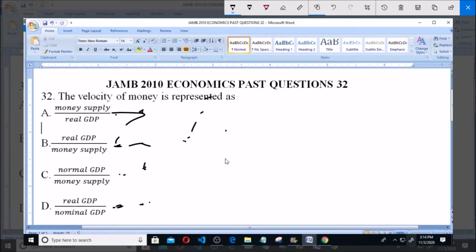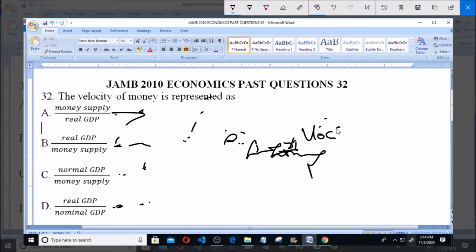Now, Professor Irving Fisher modified the quality and quantity of money into what is known as velocity of money circulation. Velocity of money circulation, according to Professor Fisher, refers to the speed at which money circulates within the economy by changing from one hand to another.